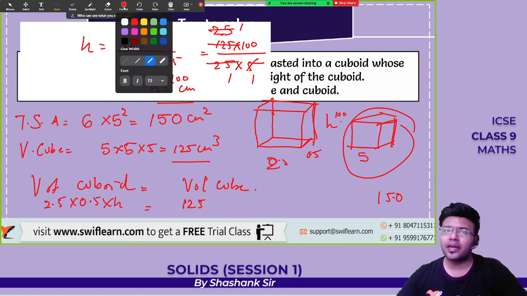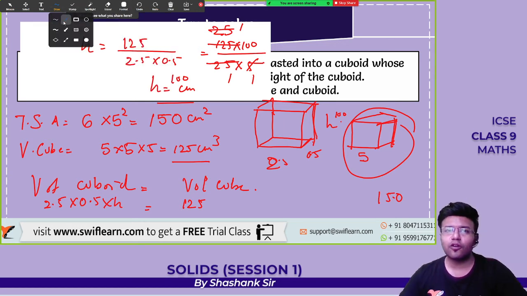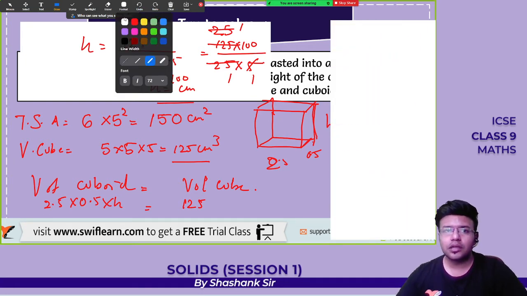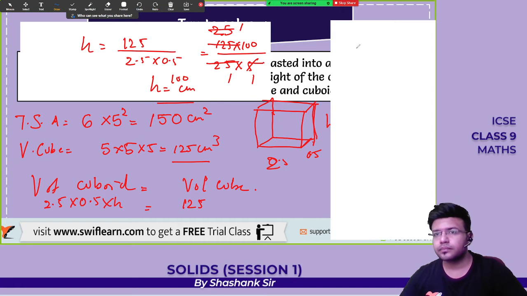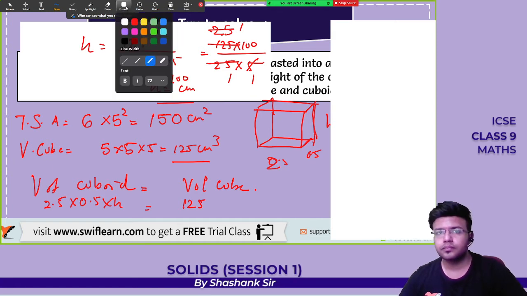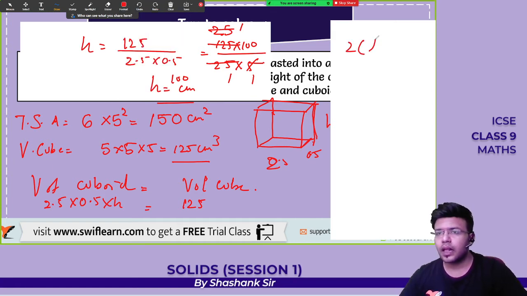Now find out the total surface area of the cuboid. How to find the total surface area of the cuboid? The total surface area of the cuboid is given by 2 times length into breadth plus breadth into height plus height into length.